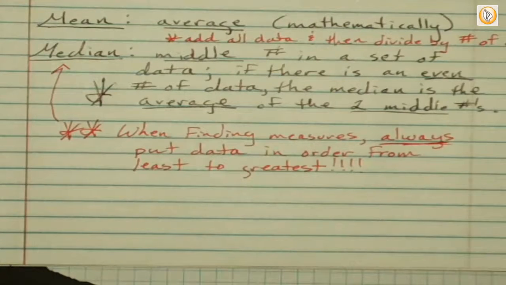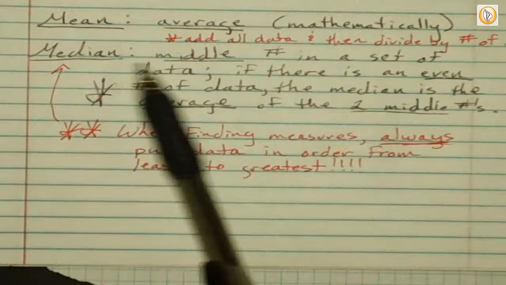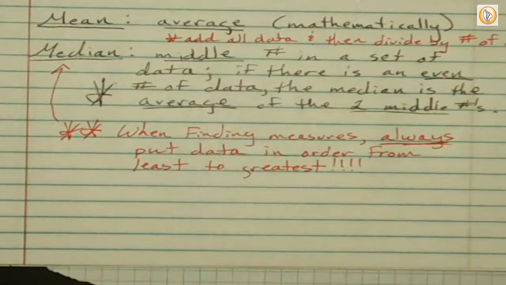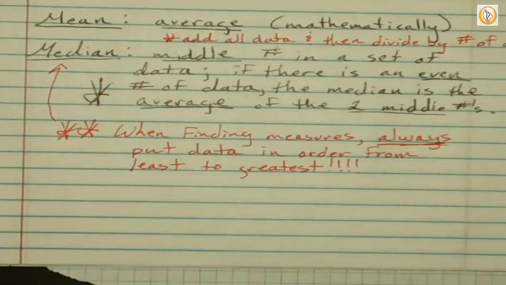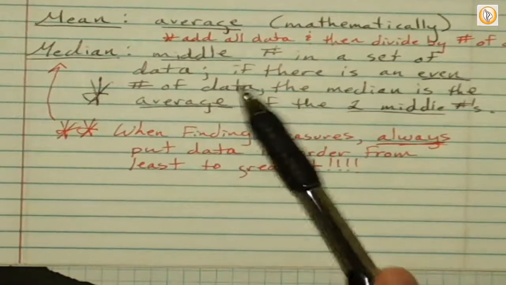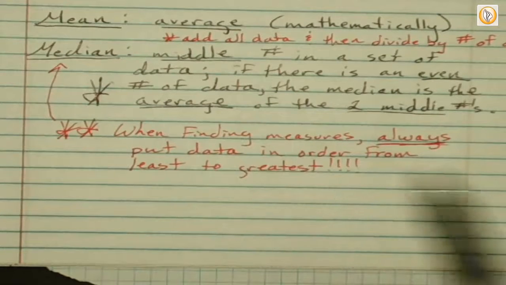However, if I'm looking for the median, the middle number, that grade that's smack dab in the middle, that kid that is not the high end or the low end, smack dab in the middle, you must put all data in order from least to greatest. So for the median to work, you have to do this first.